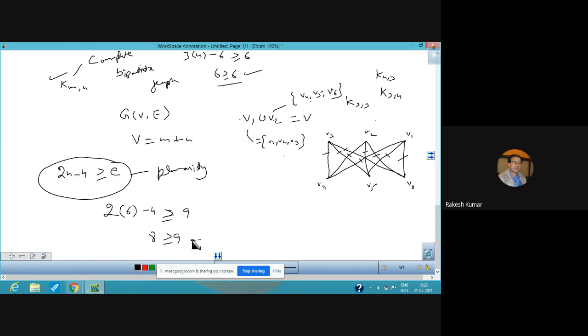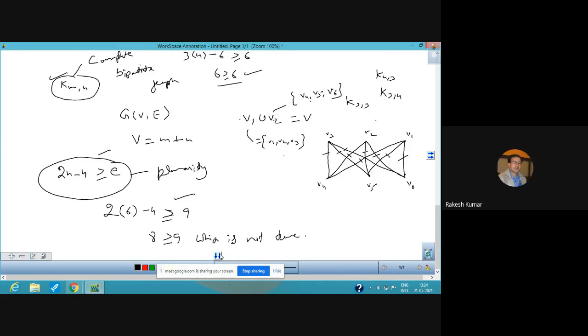Is 8 greater than or equal to 9 possible? No, so this is not true. The condition for planarity of a complete bipartite graph of the type KMN is this, but this condition is not satisfied here. So it means the graph is not a planar graph.